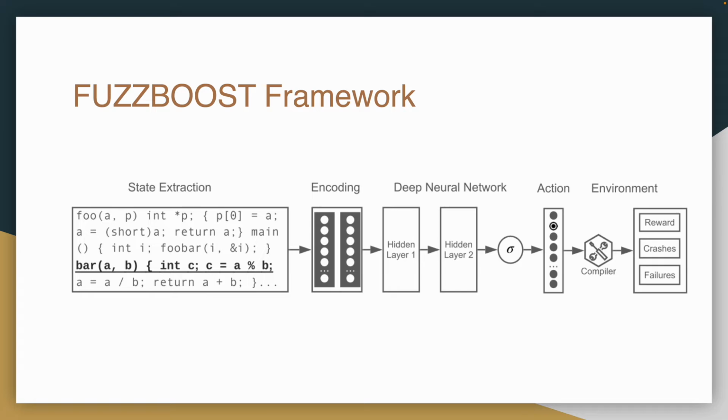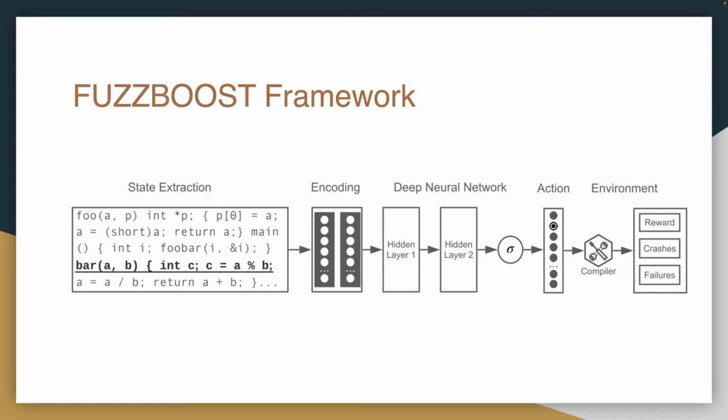The state extraction means a concrete configuration in the current environment. We can simply consider it as our input seed, which is also a sequence of tokens. And we use a word embedding model to abstract the sequence into a fixed dimensional vector for the following training.